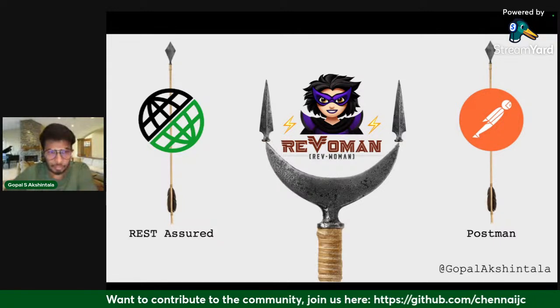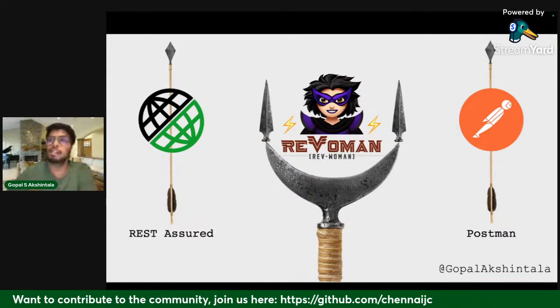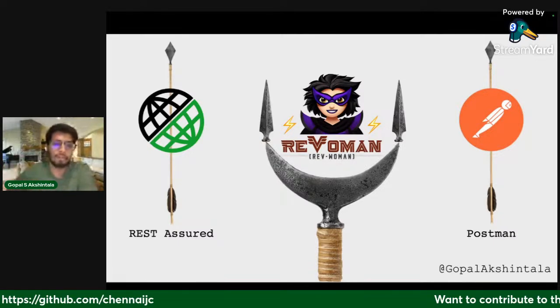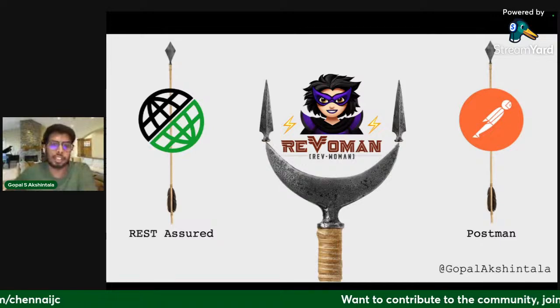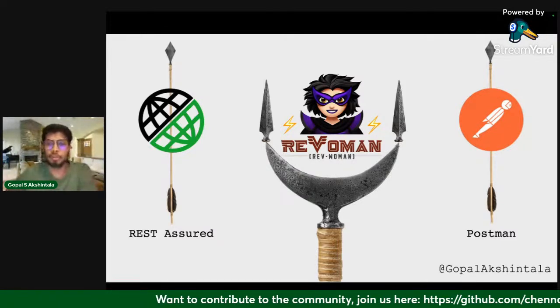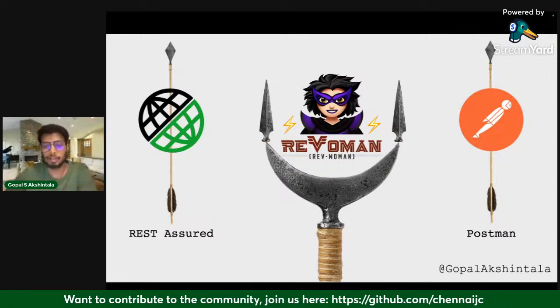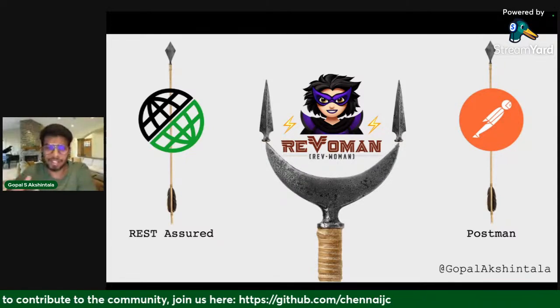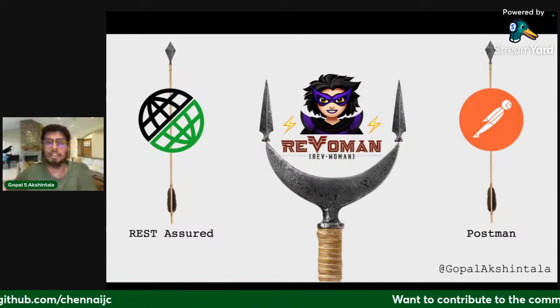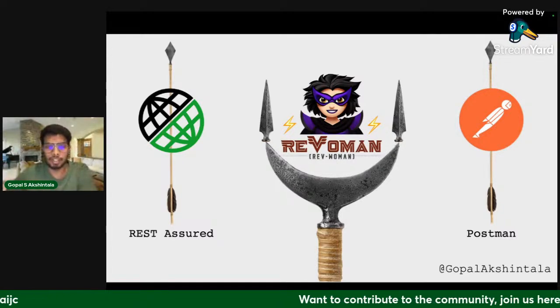Rest Assured is more like a library which gives you a lot of utilities, tools that you can use to build your own framework. It's not a framework on its own. Similarly, Postman, as we just discussed, is a UI-based or node-based tool that you can't use in your JVM. And that's where this stands right in the middle, taking nice things from both these tools and giving you a very easy way to plug in your templates without doing a lot of work.